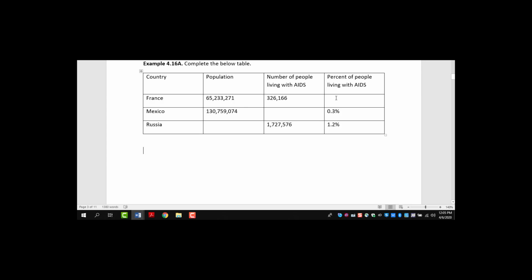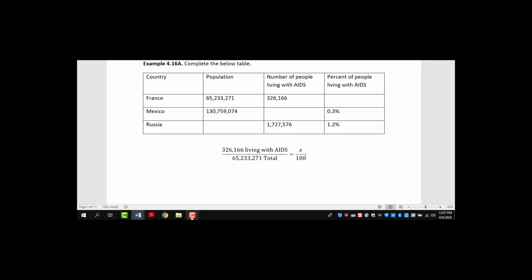So I'm doing this problem first, France. So there is our proportion, and I wrote in the units sort of there. That many people living with AIDS, that many total. That's equal to how many people living with AIDS out of 100 people in the population. Part total, part total.